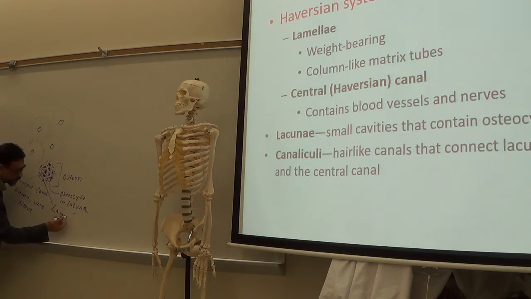The hard matrix of the bone is called lamella. And this matrix has a lot of minerals. Which minerals? Anybody? Calcium and phosphorus, calcium phosphate. A lot of calcium and phosphate. So that is the matrix.